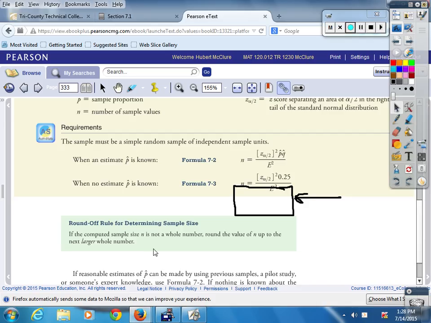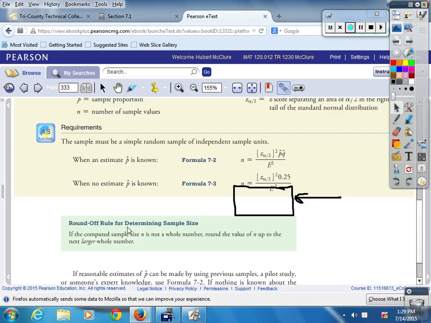If the computed sample size n is not a whole number, round the value of n up to the next larger whole number. What does that mean? That's what students do. They read it and go, what does that mean? If the computed number is not a whole number, define not a whole number.